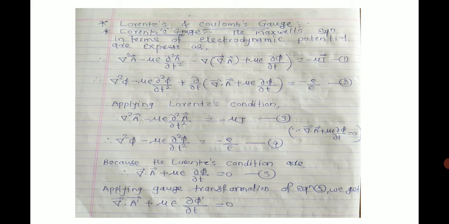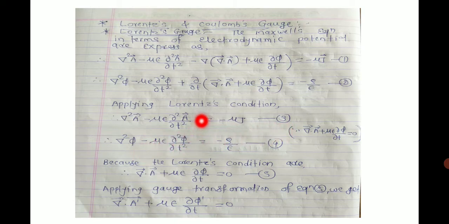We put this term equal to 0, which means the total term will cancel in both equations. Then equation 1 becomes del square A minus mu epsilon dabba square A by dabba t square is equal to minus mu j. That is equation number 3.